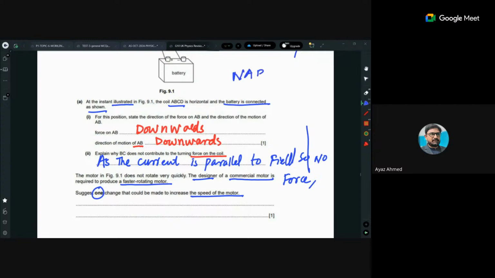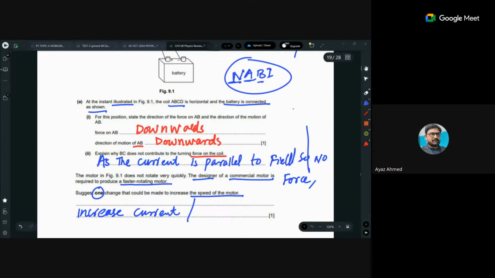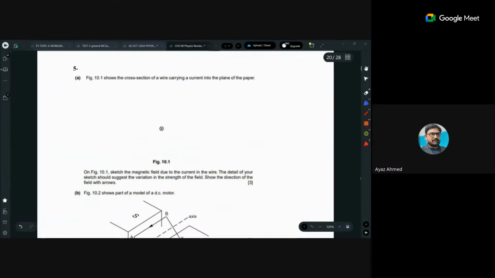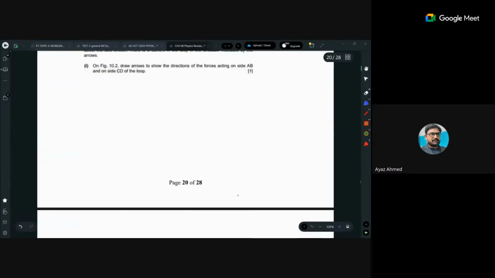Any one from these four factors you can write. So increase the current in the coil. That will give you the mark. Or increase the number of turns, increase the area of the coil, increase the magnetic flux density, or insert a core into the coil. So you can do it quite easily.